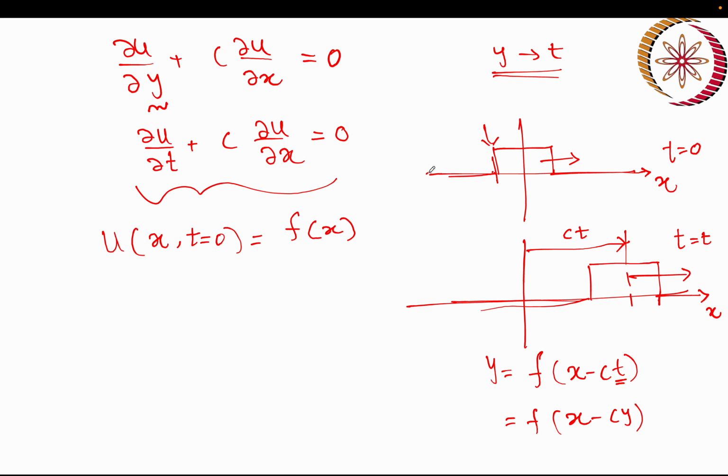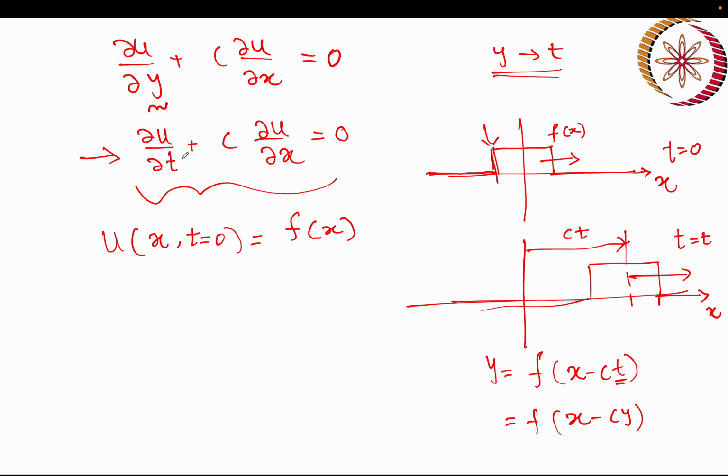So this is u naught, or we'll just say f of x, that will be better. So at t equal to 0, whatever form u has is nothing but f of x. Okay, so how to solve this equation?